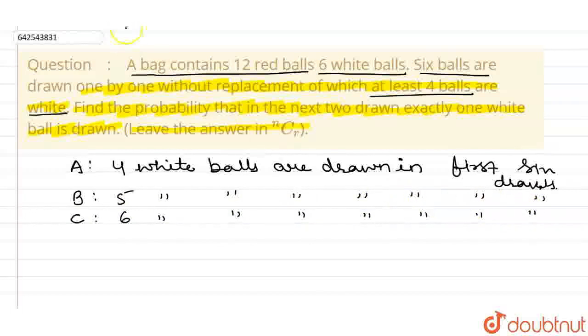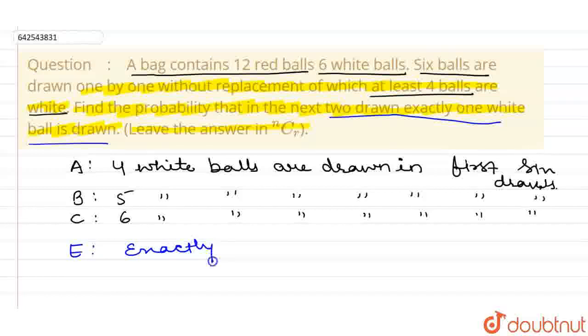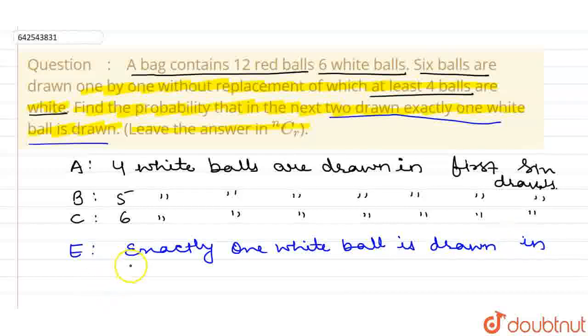And here we have to find the probability that in the next two draws exactly one white ball is drawn. So I have to find the probability of E, where E is exactly one white ball drawn in the next two draws.